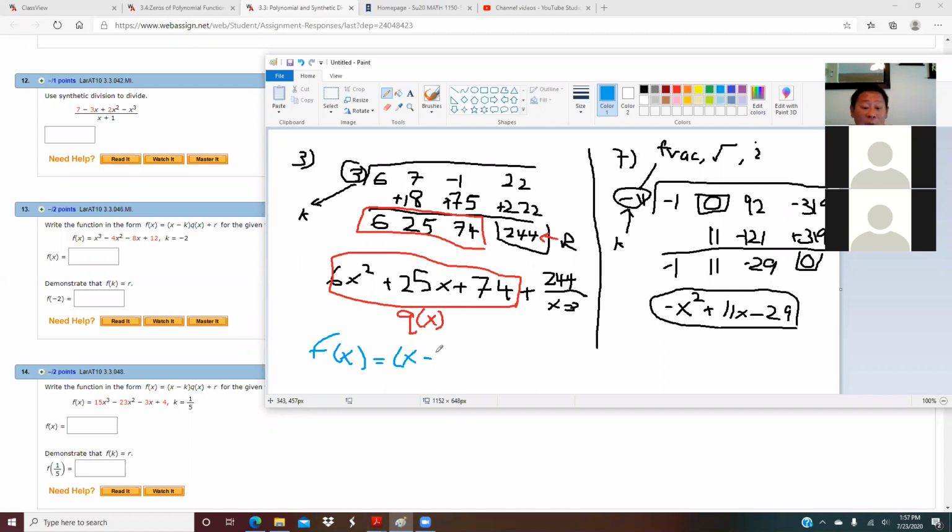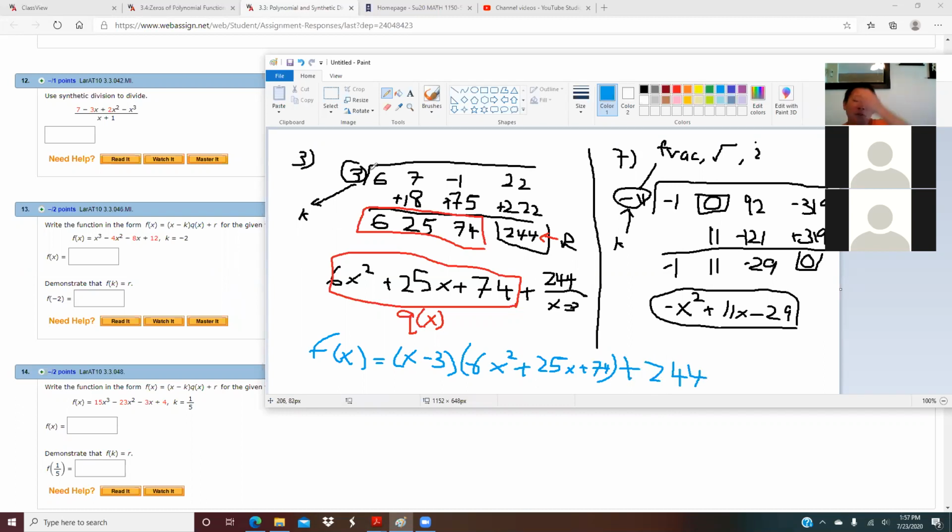K in this case is 3. And then q(x) is all these things, which is 6x squared plus 25x plus 74. And then add the remainder, and the remainder here is 244.